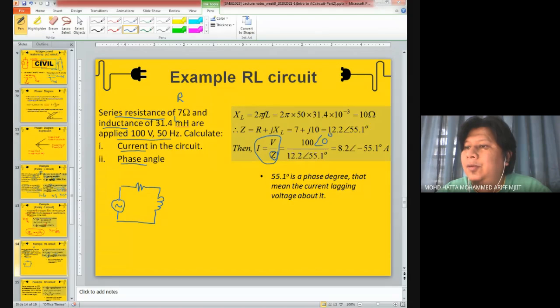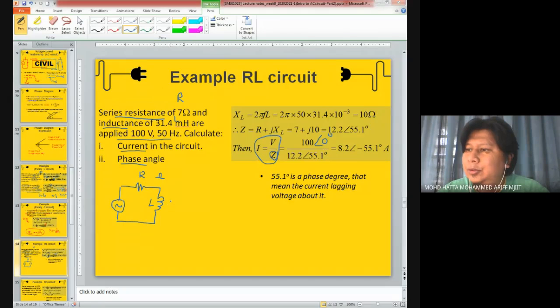So before this, we only consider purely L circuit, purely inductor circuit, or purely capacitor circuit. But in this case, we have the combination of resistor and inductor. And you know that resistor value is always in ohm, and the unit of inductor is millihenry.